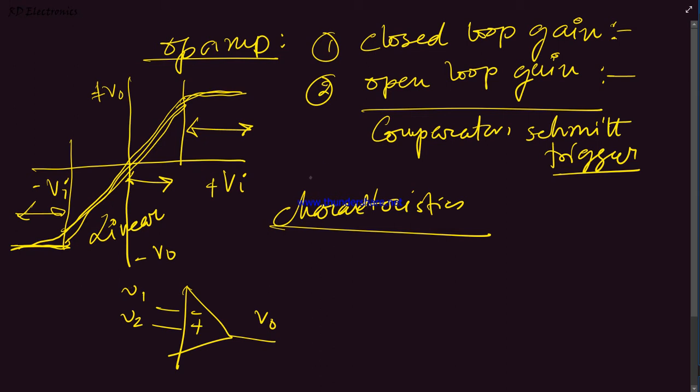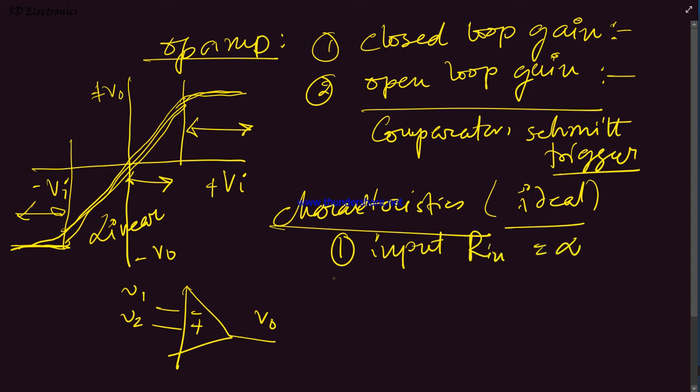Okay, so first of all, number one characteristic is for an ideal OpAmp. It should be remembered that this is only for an ideal OpAmp. That is, the input resistance R input should be infinity. Number two, output resistance R0 is equal to 0.